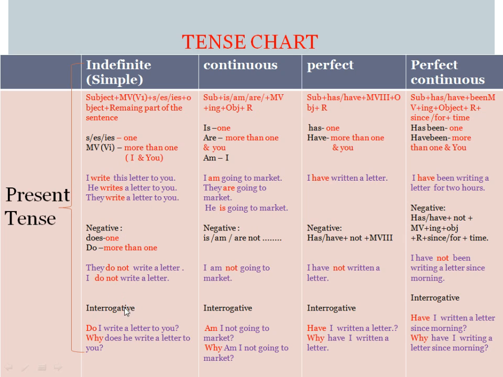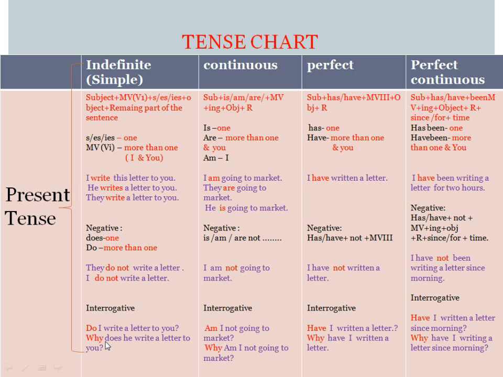And for interrogative, do and here also do. Seeing do, we can say the sentence belongs to present indefinite tense. Do I write a letter to you? Do is here the helping verb, you can say, and write is the first form of the verb. A letter is the object. And there are two kinds of interrogative sentence where we use a question word.